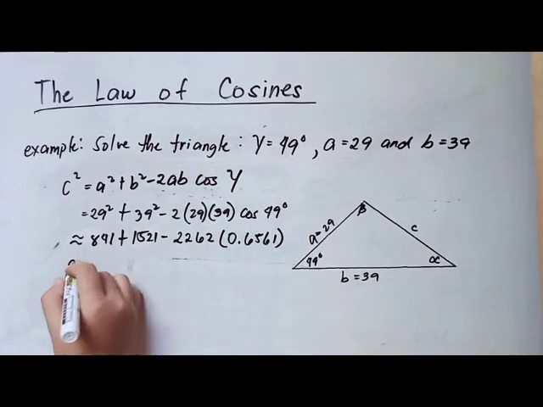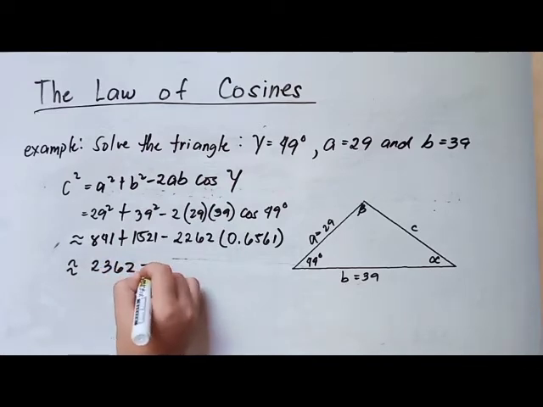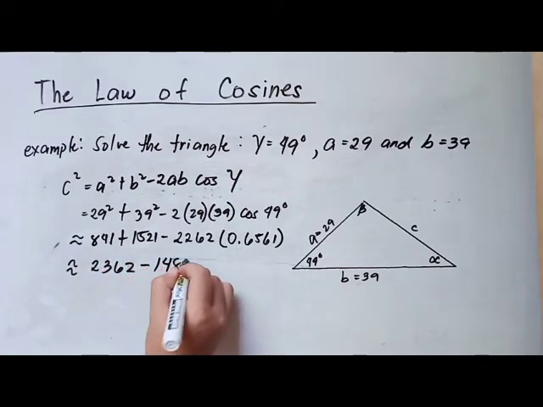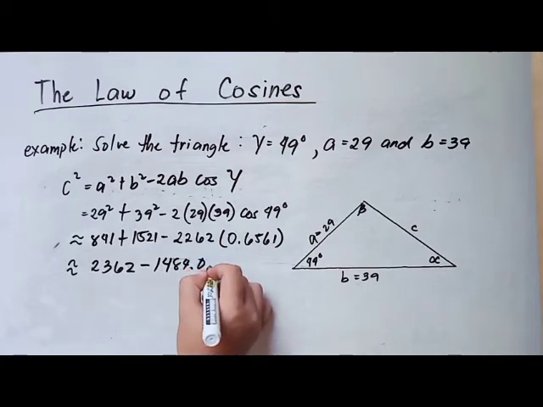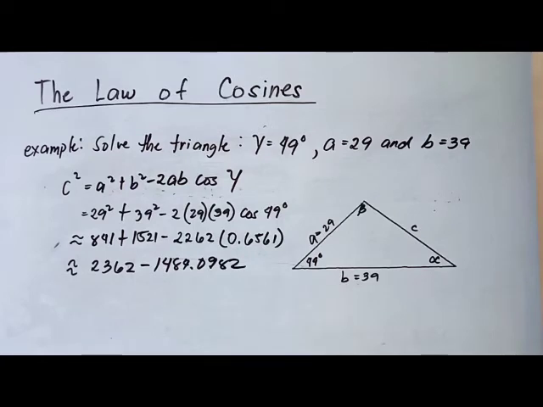So that is approximately 2,362 minus 1,484.0982.